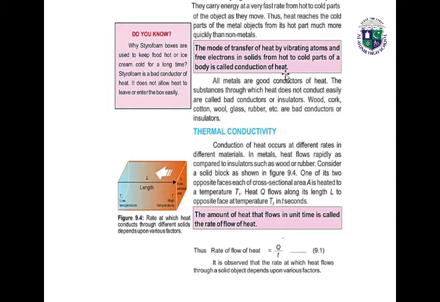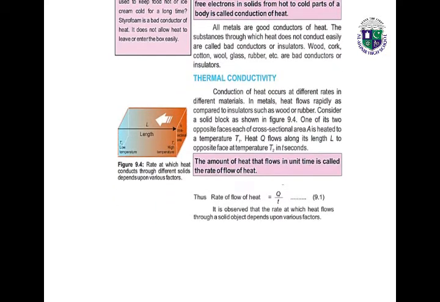All metals are good conductors of heat. The substances through which heat does not conduct easily are called bad conductors or insulators. Examples are wood, cork, cotton, wool, glass, rubber. All these are the insulators or bad conductors.